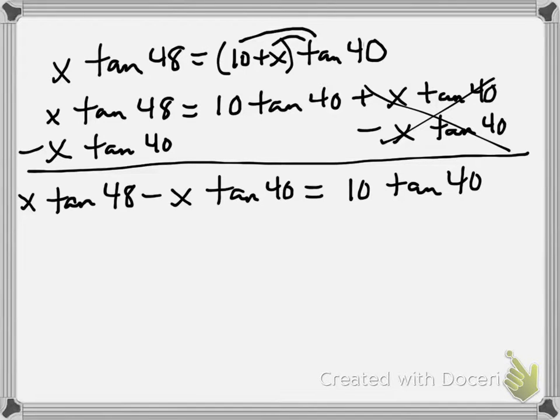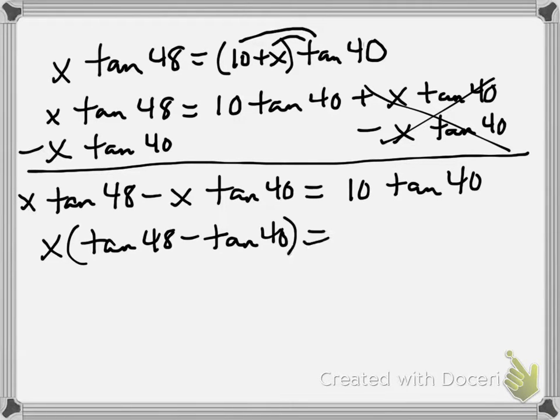Look at this left side now. I've got an x in both terms. I'd like to get x by itself. Well, I'm going to do that by factoring an x out of both terms. So, this is what I wind up with.